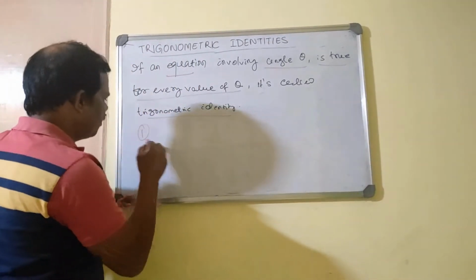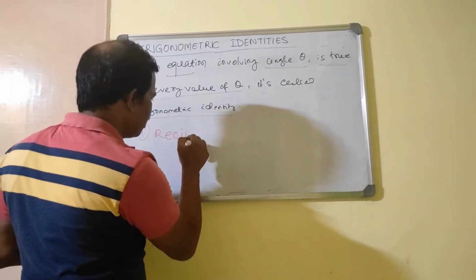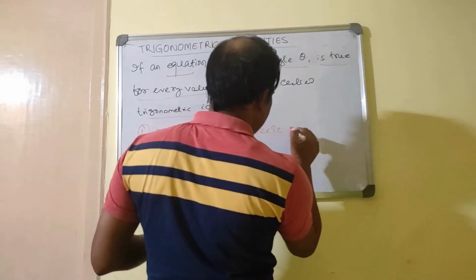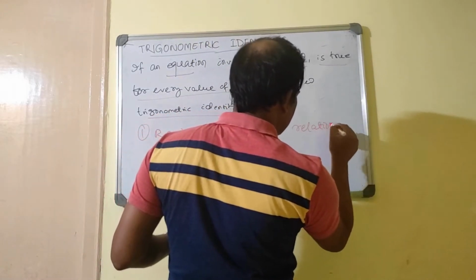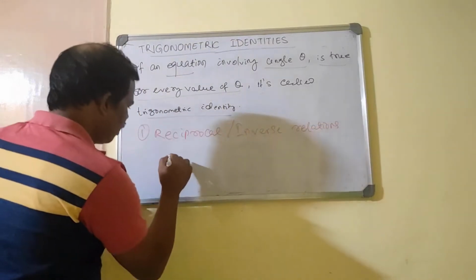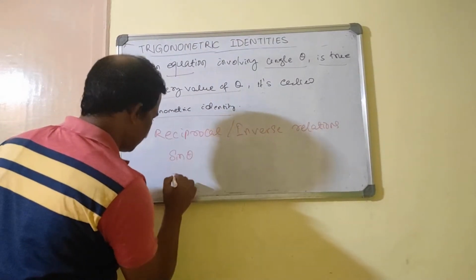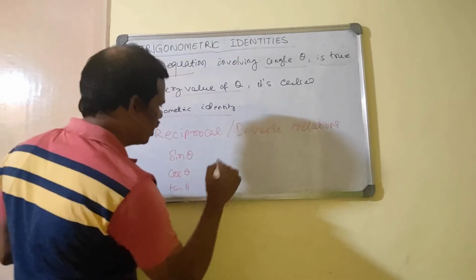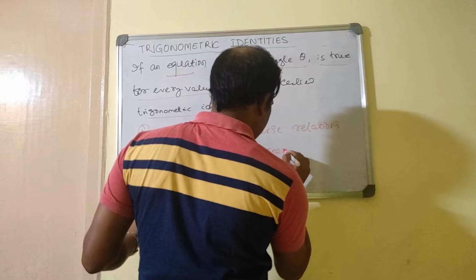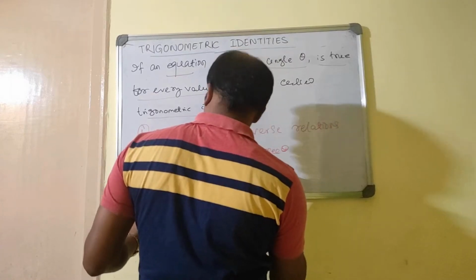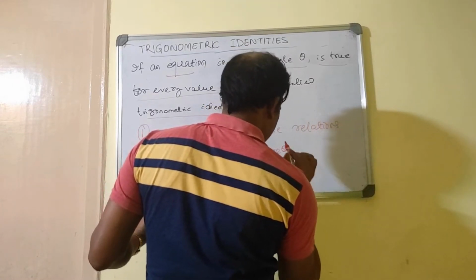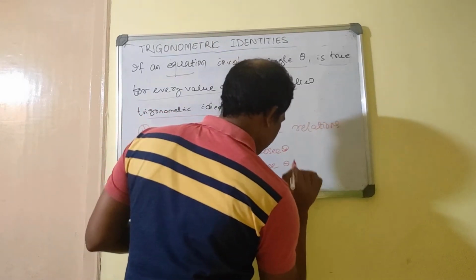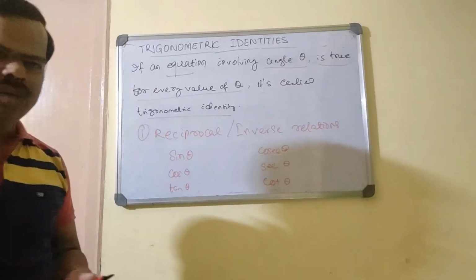The first of them is reciprocal or inverse relationships. There are 6 trigonometric ratios I am mentioning here, and we will see how the inverse relationships hold good for these trigonometric ratios.